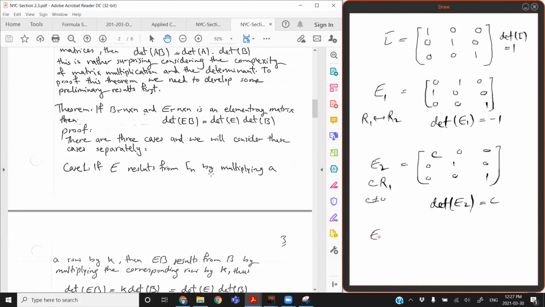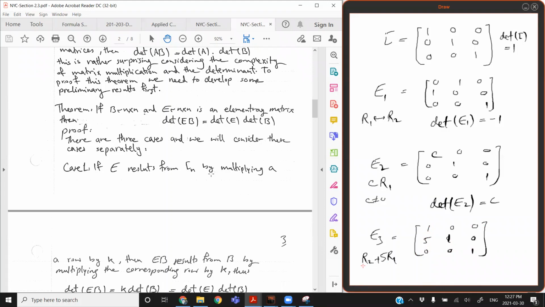And the third type of row operation that we have is adding a multiple of one row to another row. For example, let's say row 2 plus 5 times row 1. Then that gives us something like this: 1, 0, 0, 5, 1, 0, 0, 0, 1. So I'm adding 5 times row 1 to row 2.